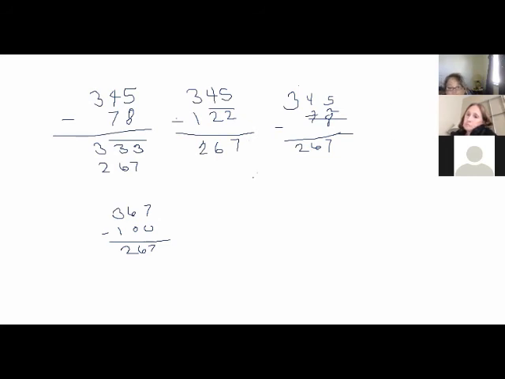All right, let's find another way to do this. We could go 300 minus 78 and plus 45. Yep, I was heading there, but wrote the 7 down.